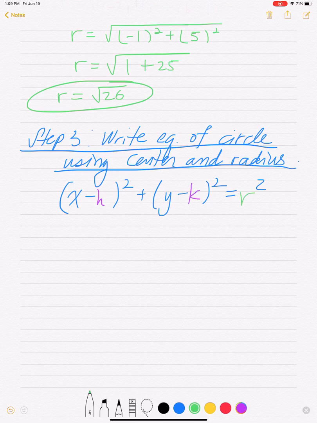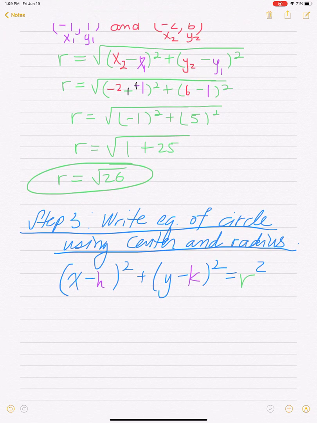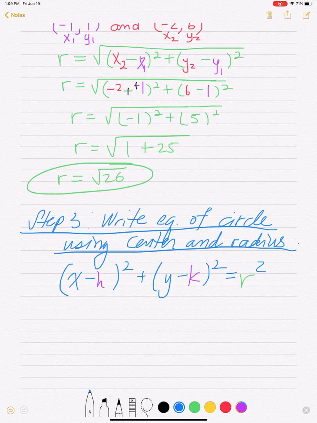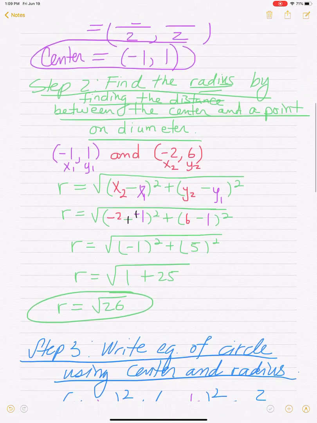I totally forgot what our center was. Our center was negative 1, 1. So we have x minus negative 1 squared plus y minus 1 squared equals the square root of 26 squared, and then just simplify that. Just clean that up. Yeah, negative 1, 1 was the center, right?